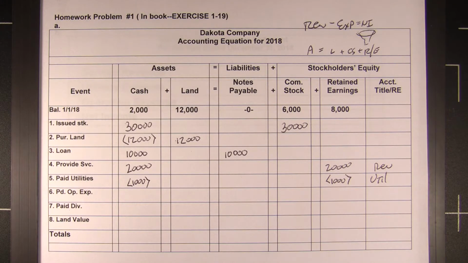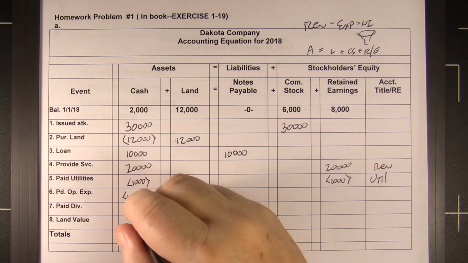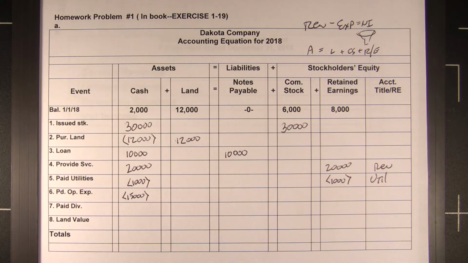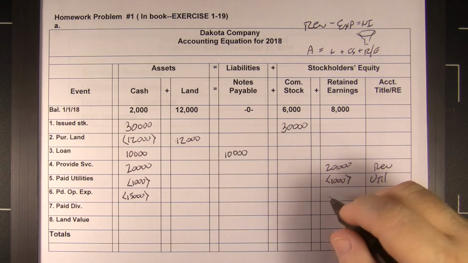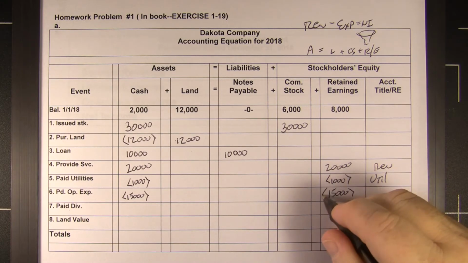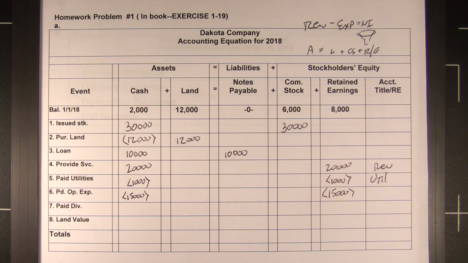Then we paid other operating expenses, salaries, taxes, advertising, whatever. So our other operating expenses were a total of $15,000. So again, our cash goes out, and we end up being worth $15,000 less. Then we paid dividends.